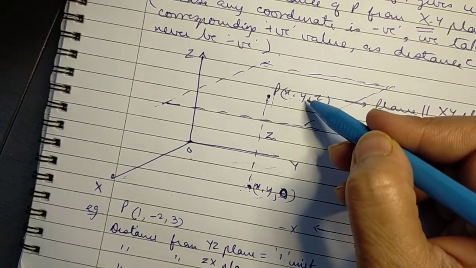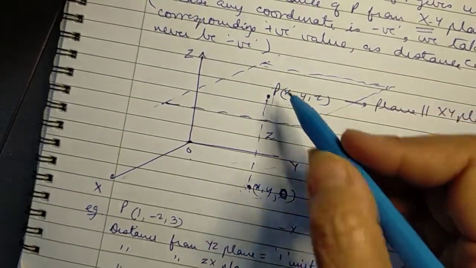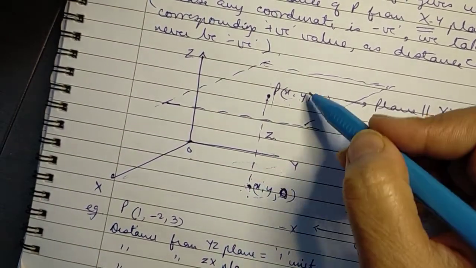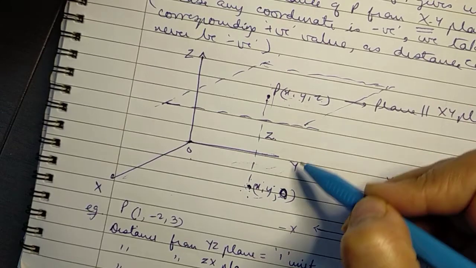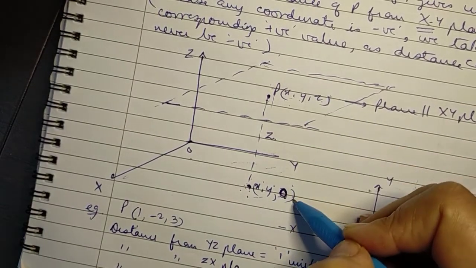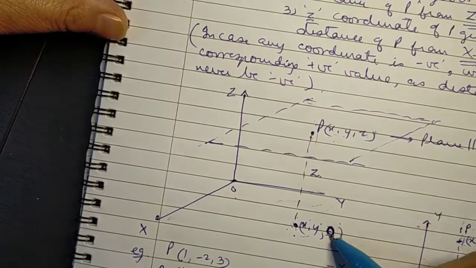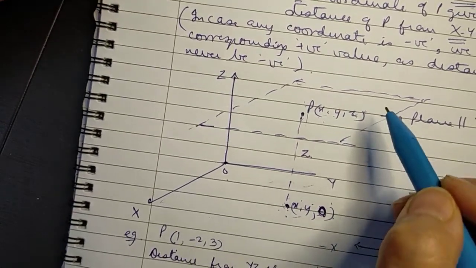So the distance of this point from the xy plane will be what? The x coordinate is same, y coordinate is same, it's only the difference of the z coordinates, and that will be z minus 0, which is only z.